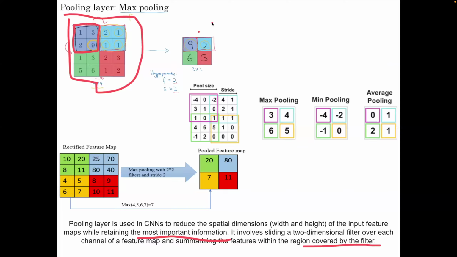We pick that, then we store it in a new image. Our new image is going to be like this. First pixel will be 9. We perform that again on the second. We move one stride away, and then we perform it again, and then that should give us 2. We move one stride below.